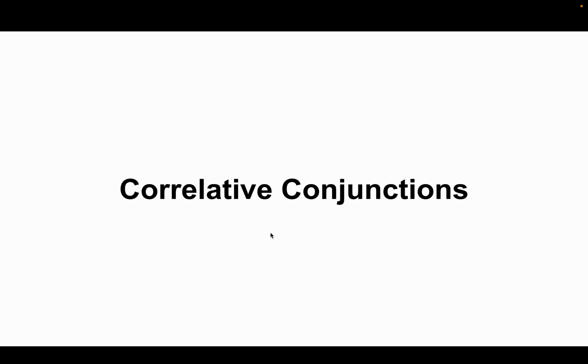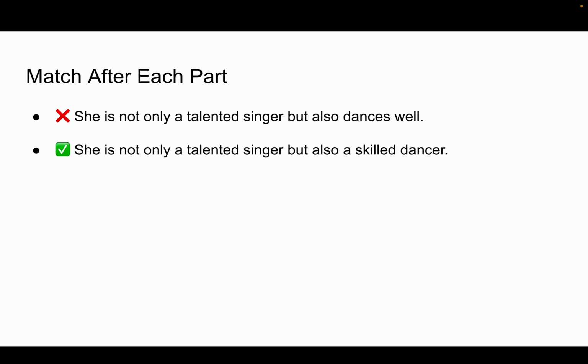The other concept here is what are called the correlative conjunctions. And so, for example, when you're saying things like she is not only a talented singer, but also dances well. So these two things here are conjunctions, right? They connect together, and so the things that come after them should also be matching.